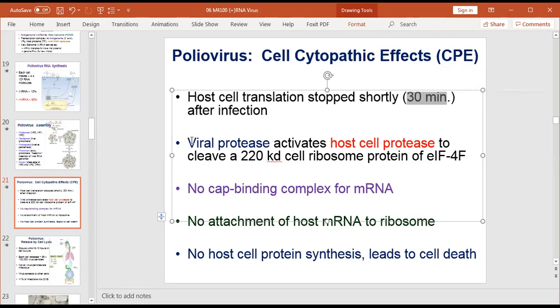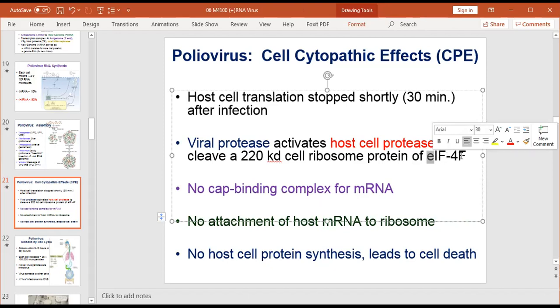Then viral proteases, those proteolytic enzymes that come in with the virus, activate host cell proteases. And these host cell proteases will cleave a 220 kilodalton ribosome protein called eukaryotic initiation factor 4F.